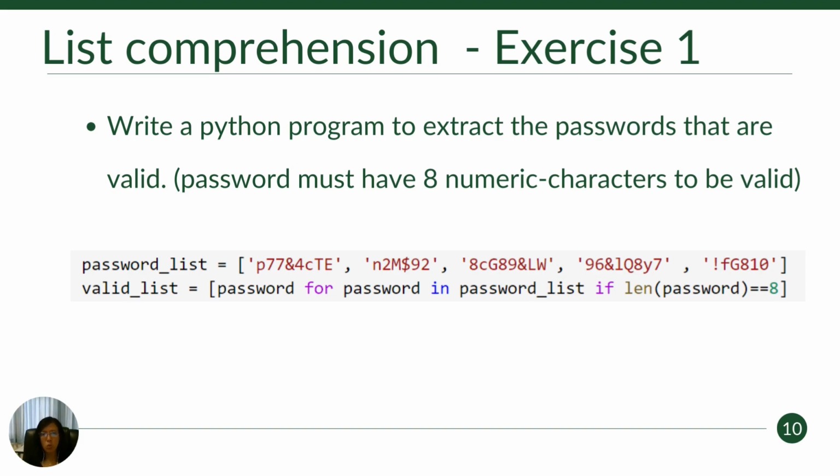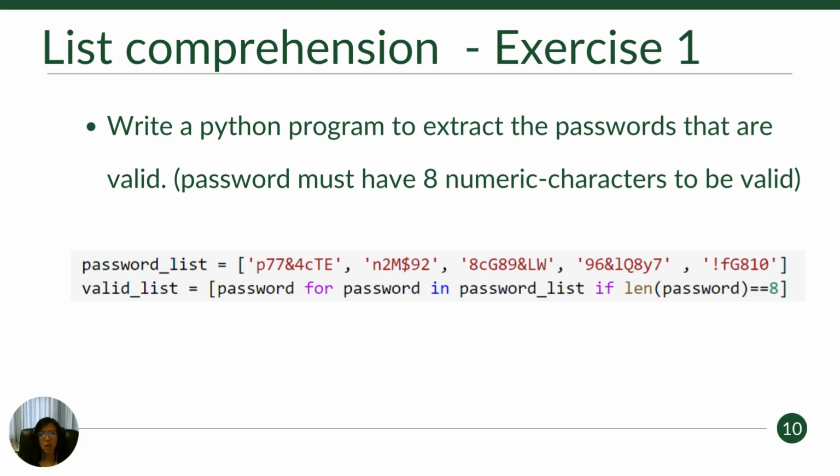So we have our condition: the length of each password must be equal to 8. We use a typical list comprehension. For each password in the password list, our expression is still password. We don't change anything in the expression. But we will take this password only if the length of password is 8. That means we will take the password only if it is valid.